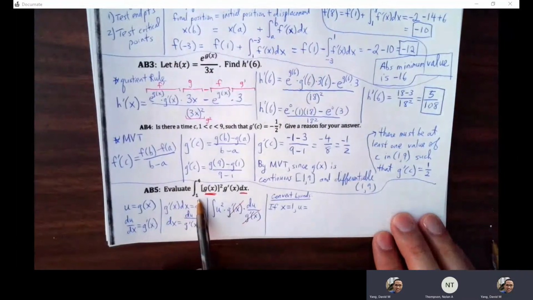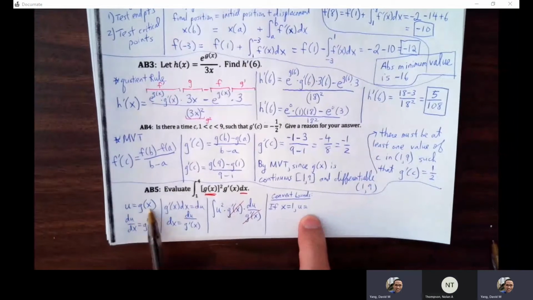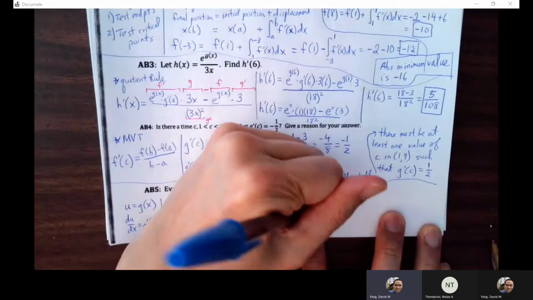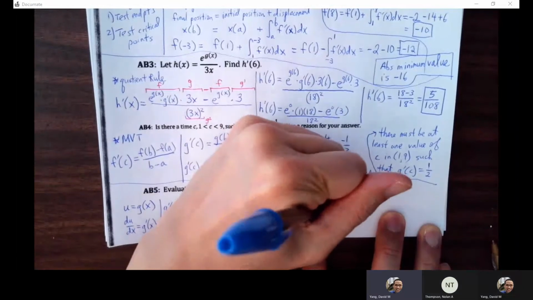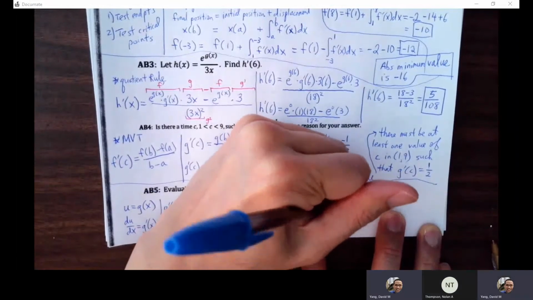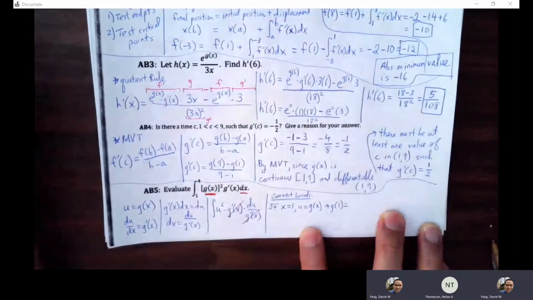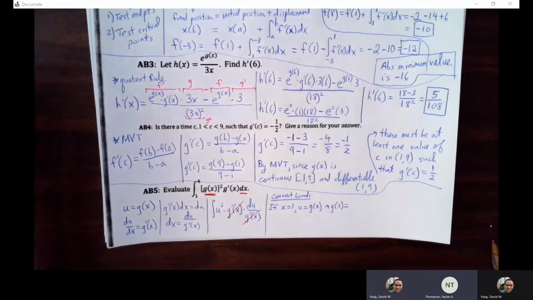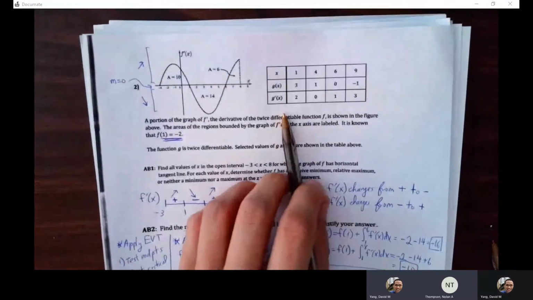If x is equal to 1, our conversion rate is g of x, so g of 1. And what's g of 1? Sorry, g of 1 is 3.